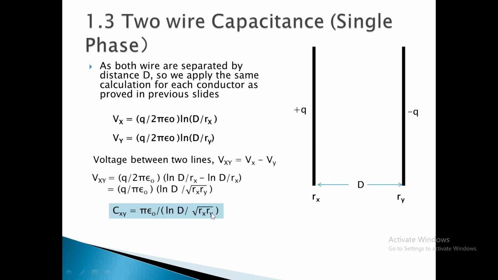So this is the line to line capacitance. First thing, in problems, if someone asks you to find the line to line capacitance of two single phase transmission line wires, you have to use this formula. If you have any question up to here in any problem, you can ask. Do you have any question up to here?